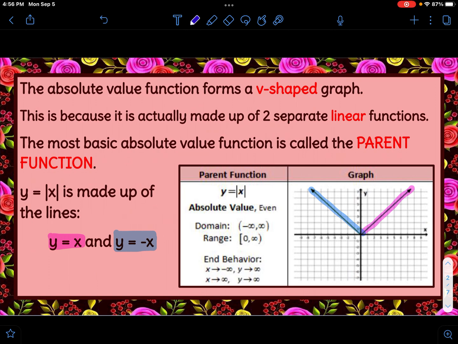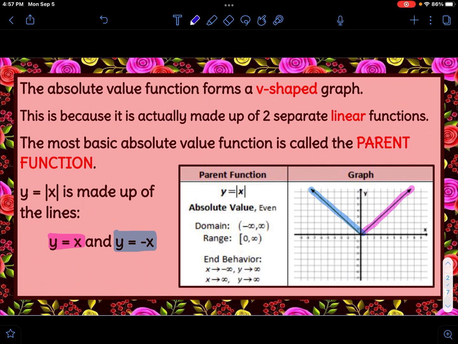So this is an even function. We talked about that. You can see that it folds in half over the y-axis. The domain is all real numbers, from -infinity all the way to +infinity. For the parent function, the range is 0 to infinity. Remember, for range, we go bottom to top.